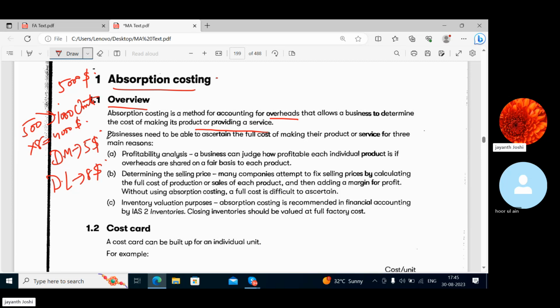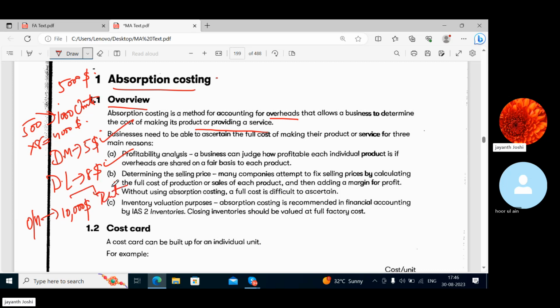So this is available, this is available. But what happens about the overheads? Overheads or indirect cost are in total, like a total cost. Let's say $10,000 I'm paying for the rent of the premises.